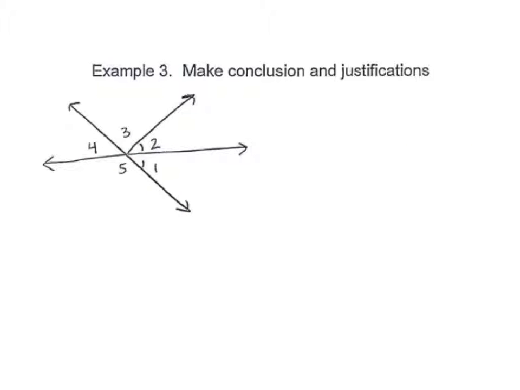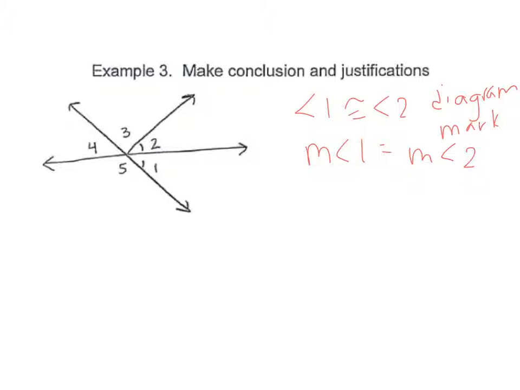This is an open-ended question. There's going to be a lot of different answers, so I'm just going to work through some different ones. I can see that angle 1 is congruent to angle 2 by diagram markings. You could also put the measure of angle 1 is equal to the measure of angle 2 by the same thing, diagram markings.